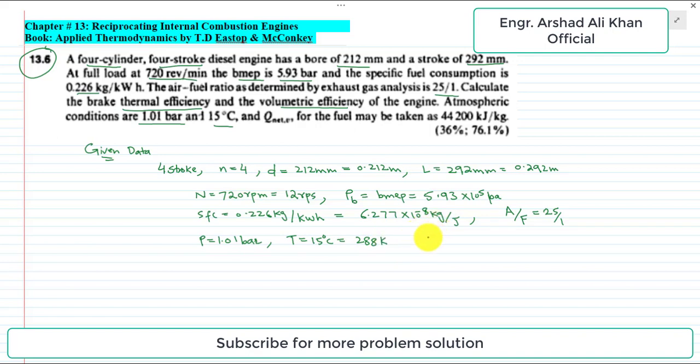Also, the net calorific value is equal to 44,200 into 10⁻³ joule per kilogram. Kilojoule is converted to joule per kilogram.